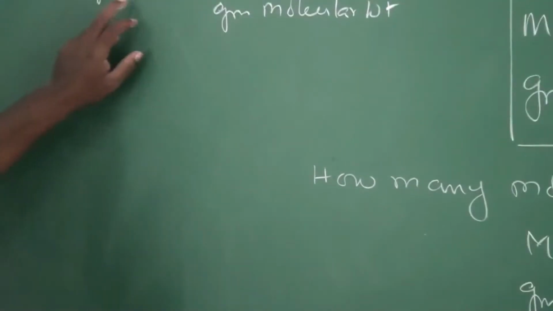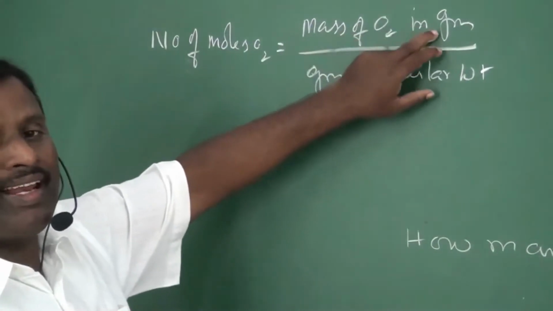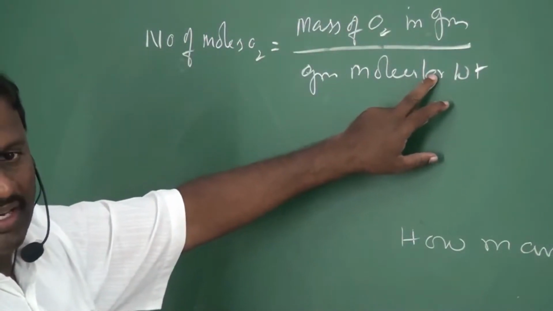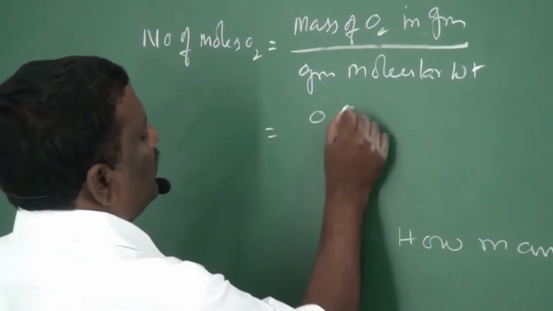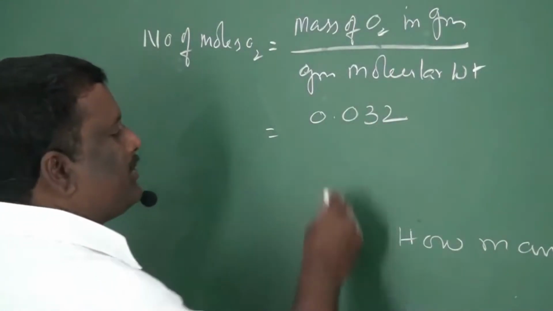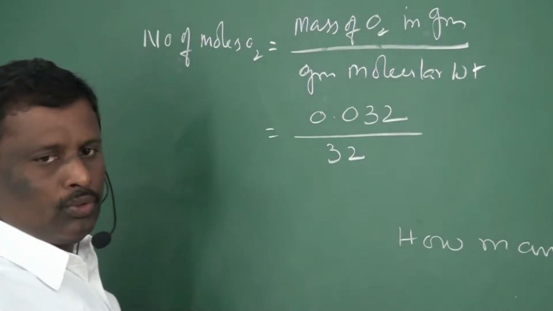So, number of moles is equal to mass of oxygen in grams by its gram molecular weight. Mass of oxygen in grams is equal to 0.032, whereas gram molecular weight of oxygen is 32.